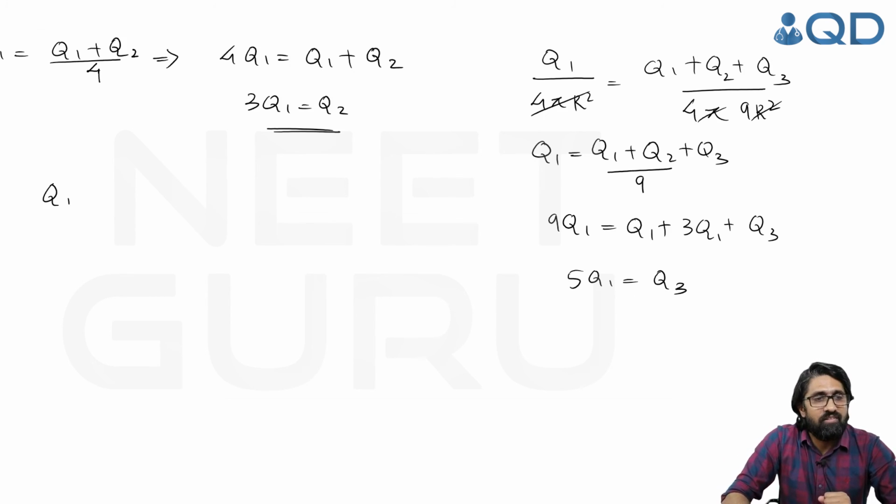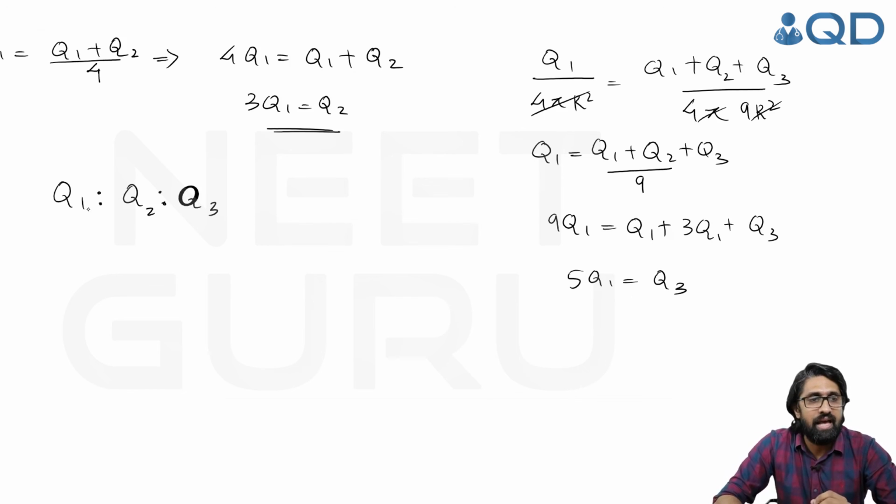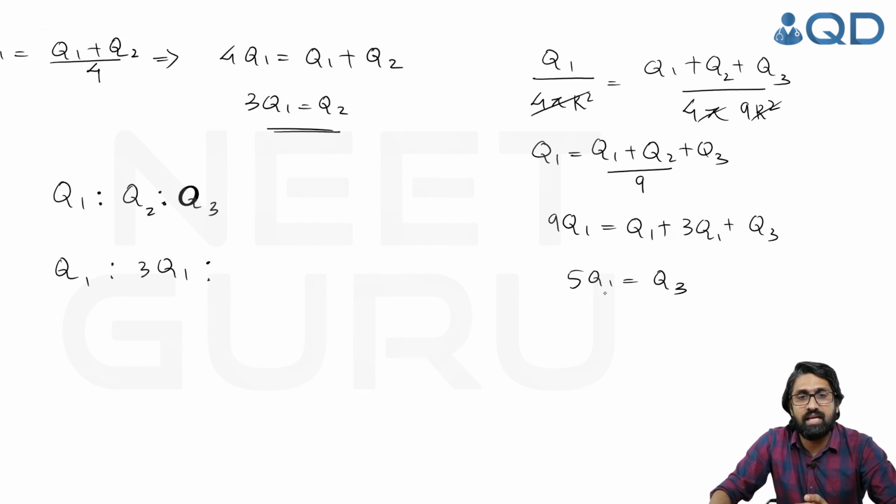Now we have q1, q2 and q3. This ratio is what we are looking for. We'll just write q1 as q1 itself, q2 is 3q1, and q3 is 5q1.